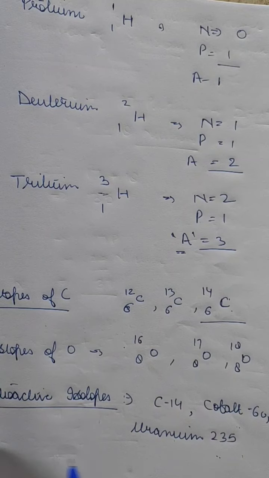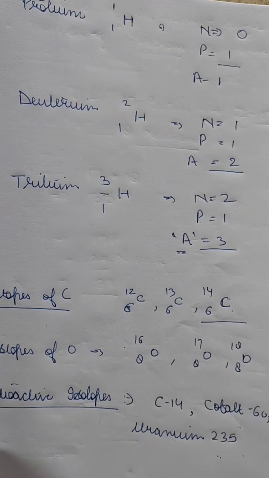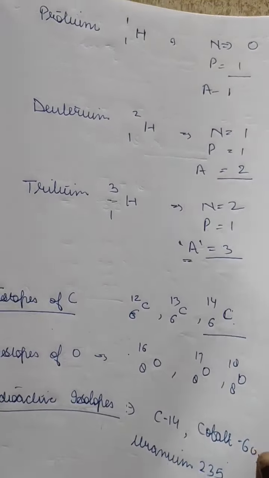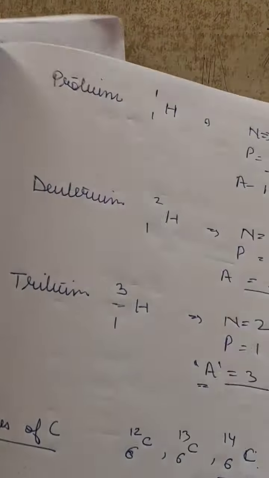Now the next is, after we have done these isotopes, we will be doing isobars. Isobars are the atoms of different elements, because isotopes were the atoms of the same element.